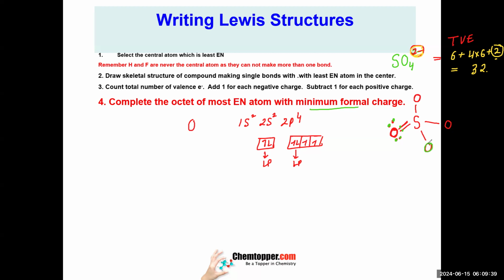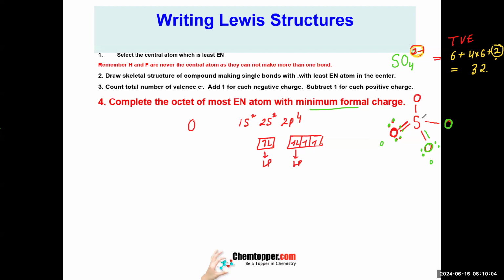Can you think about what this other oxygen can do? Same thing. This oxygen can also do the same thing: 0 formal charge, 0, 0. What about this oxygen? This oxygen can do the same thing.